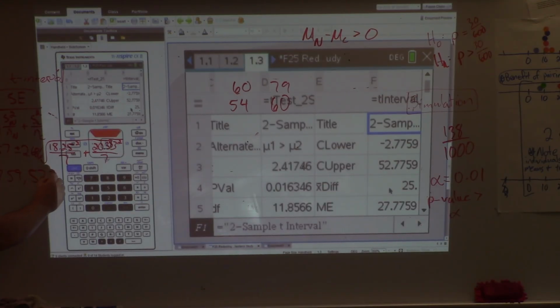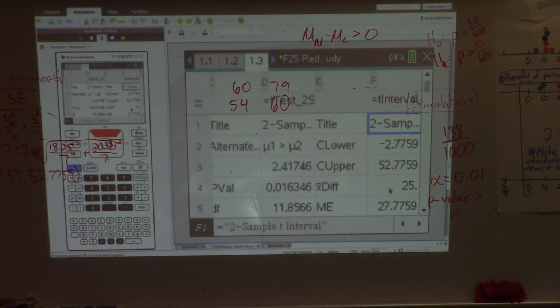No, because 0 is in the interval. 0 is included, so 0 is plausible. Is it plausible that there's no difference? Yes. So this does not provide convincing evidence that the new is better.